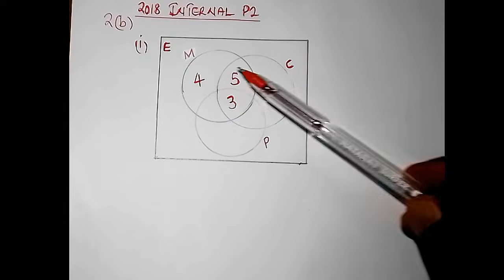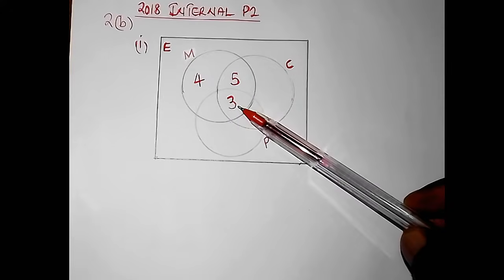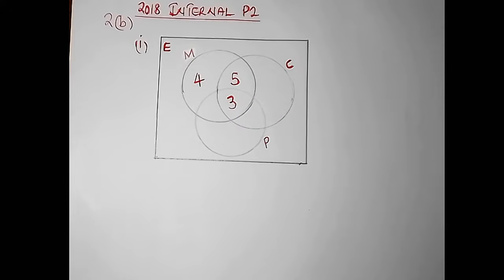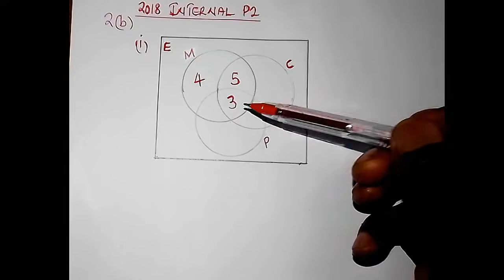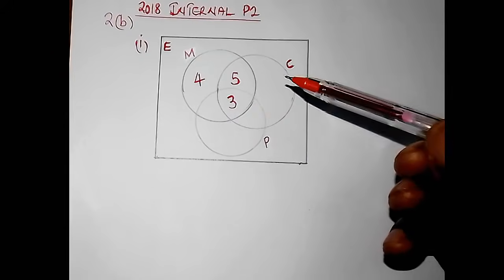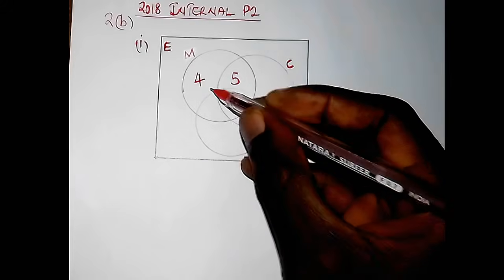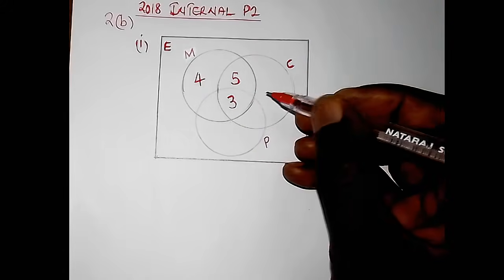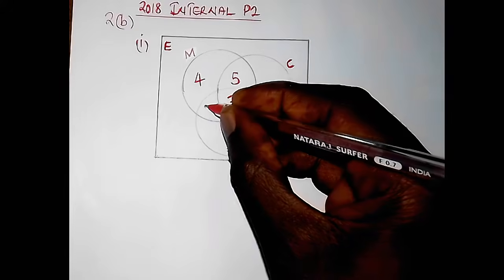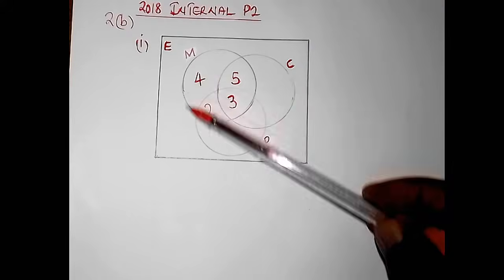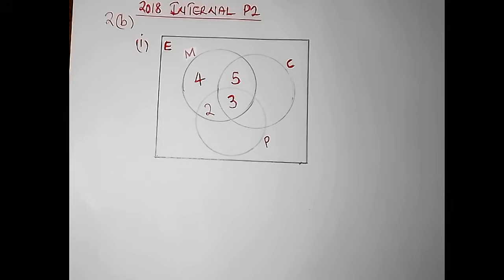If you add 4 plus 5, that gives 9, plus 3, that gives 12. So meaning that we're missing a 2. To add up to 14, we are missing a 2 here, because these other numbers are adding up to 12. So meaning that we're going to put a 2. This gives a total of 14.